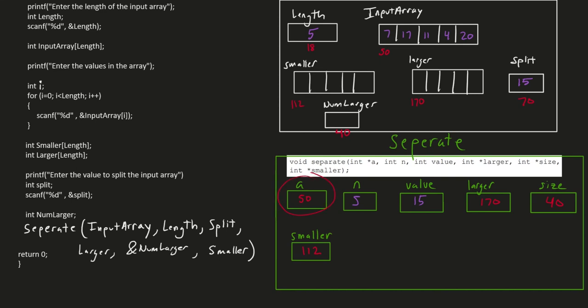So A gets the address of the input array, N gets 5, the length of the input array, value receives 15, which is the split value, larger gets the base address of the array that will hold the larger values, size gets the address of the variable that will hold eventually the size of the larger array, and smaller gets the address of the array that will hold the smaller values.